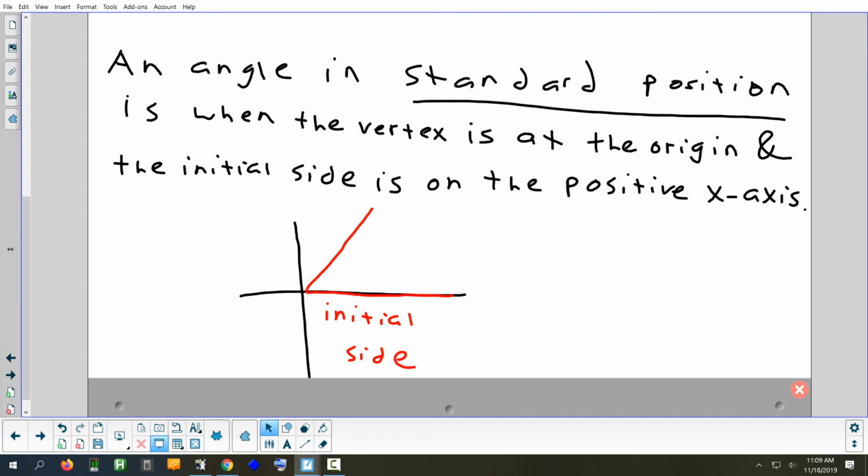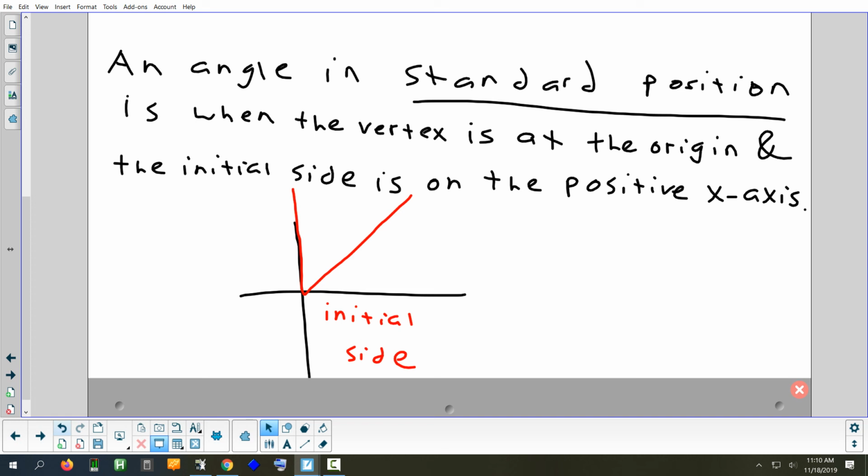How about if I did this? Is that standard position? No. No, what's wrong with it? It's not in vertex. Right. Initial side is good, still on the positive x-axis, but the vertex is no longer at the origin. How about if I did something like that? No, what's wrong now?